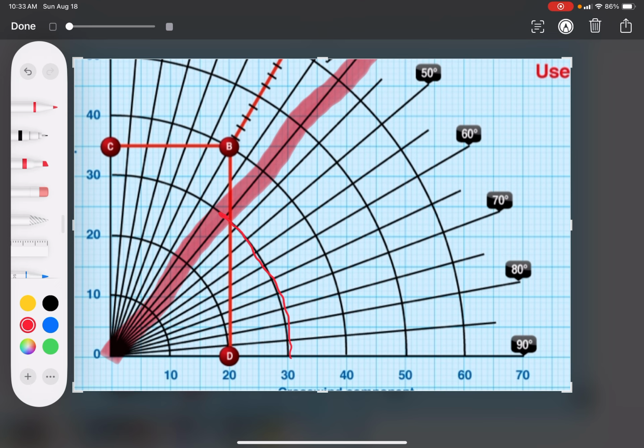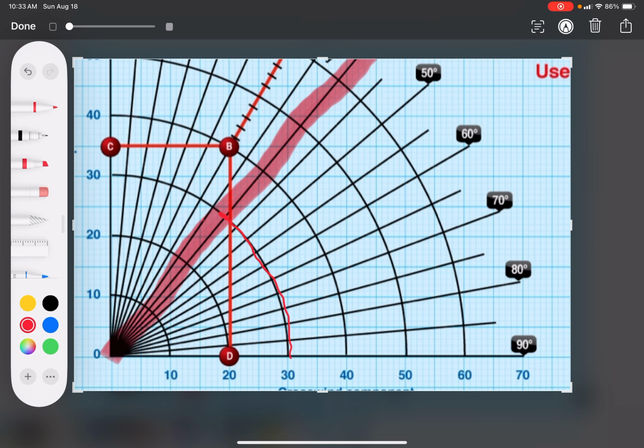So now they're asking for headwind. The question will either ask for headwind or crosswind, but you're going to do the same thing. It's the same exact numbers as far as the angle and the wind speed. So either you're going up or down. If they're asking for the crosswind component, you're going to go straight down.